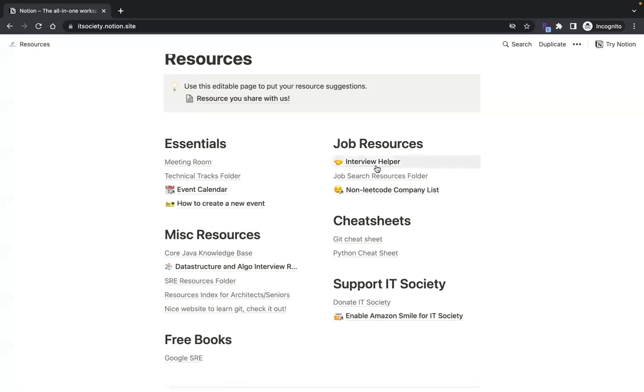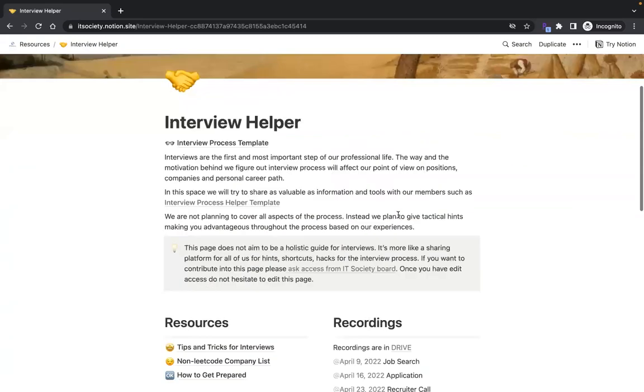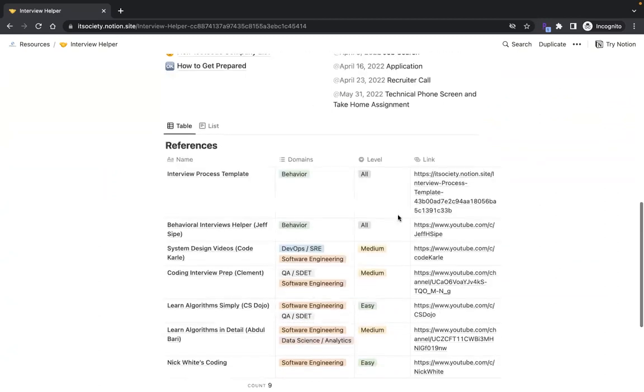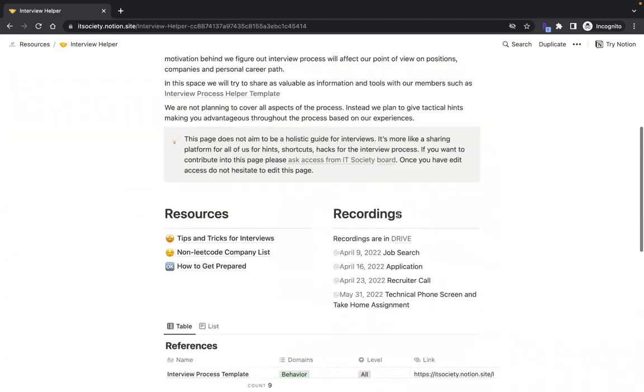after this session. Interview Helper is helping you out with interviews. We are giving a non-LeetCode company list here, how to get prepared, and some tips specialized to each and every session or job role.